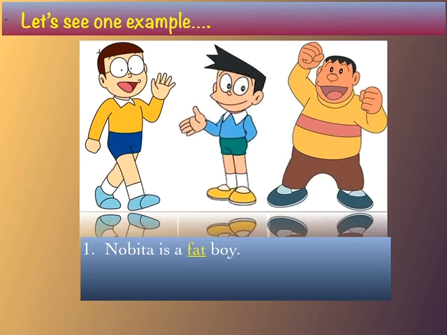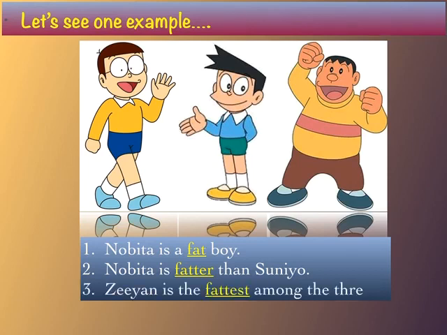Let's see the second sentence. Nobita is fatter than Suneo. Here the word fatter is an adjective which is used to compare two of them, that is Nobita and Suneo. And so the word fatter is an adjective used for comparative degree. And you can see that we have used than after the comparative degree of adjective fatter. Let's see the third one.